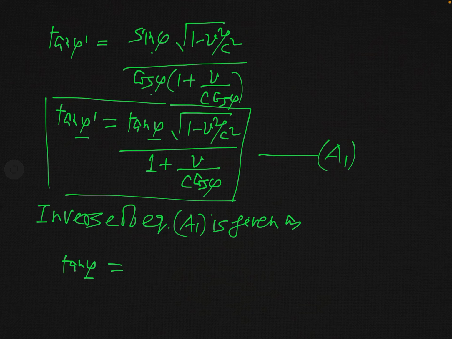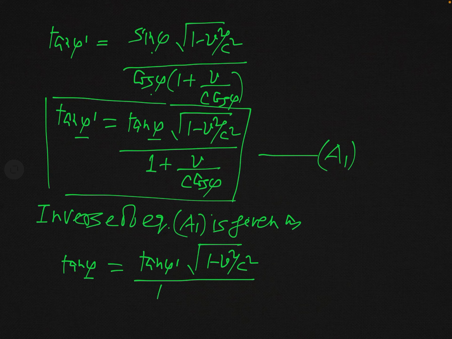And in RHS, since there is tan phi, so we will write tan phi prime. And 1 minus v square by c square. You know that after squaring of minus v, that will be simply plus v square. So here sign does not change.